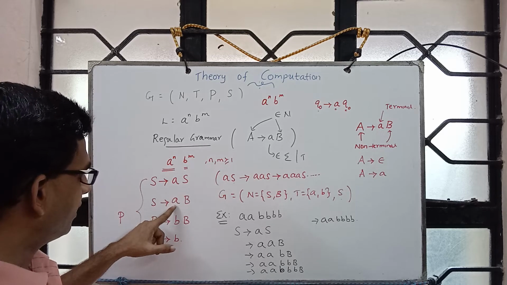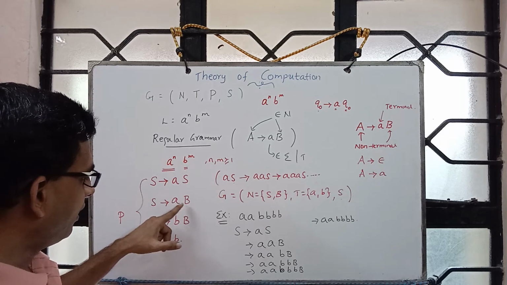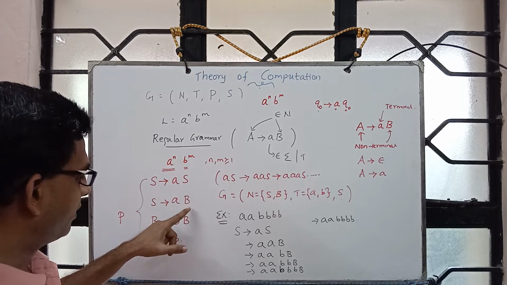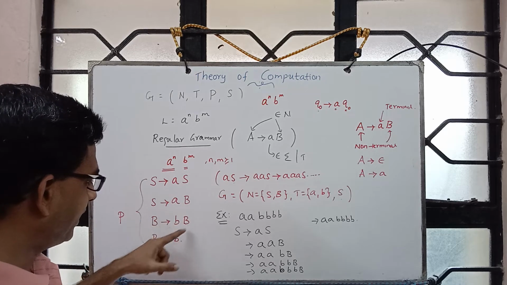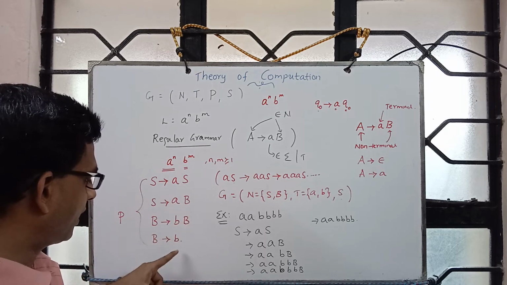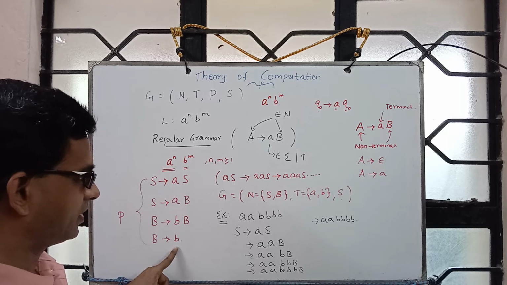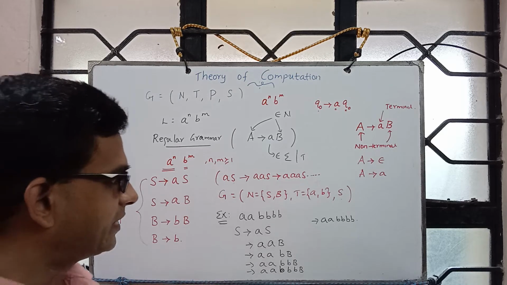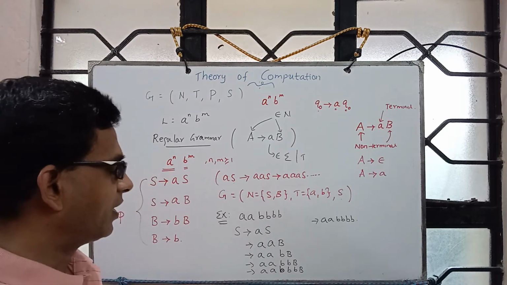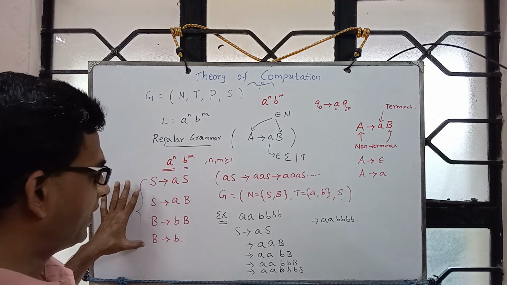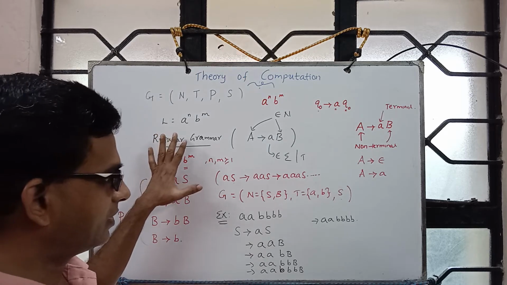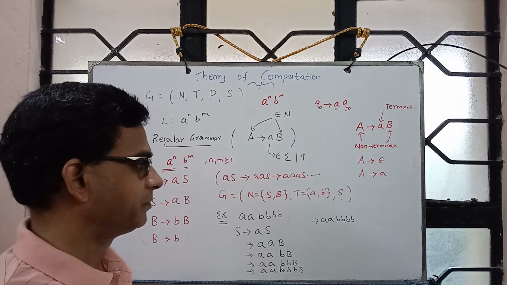Then go over here and read the nth a and go to B. With the help of this, you start reading m minus 1 b's, and the mth b you read using this. So interestingly, one can come up with a regular grammar for all languages accepted by finite automata.